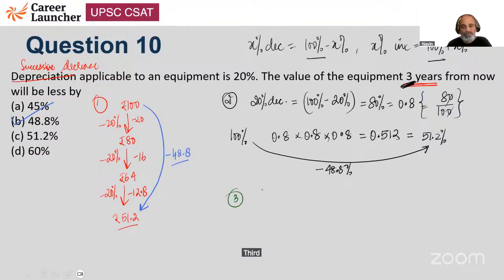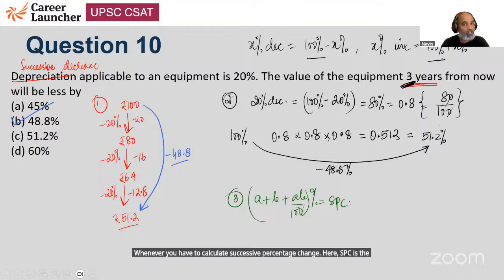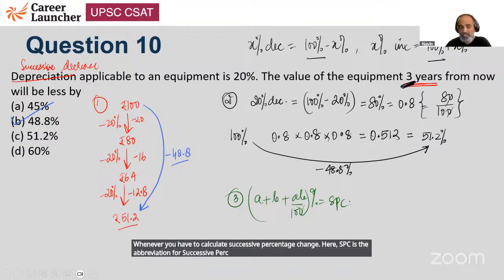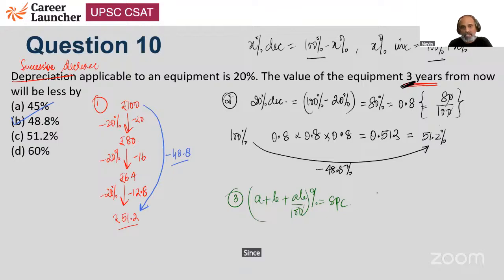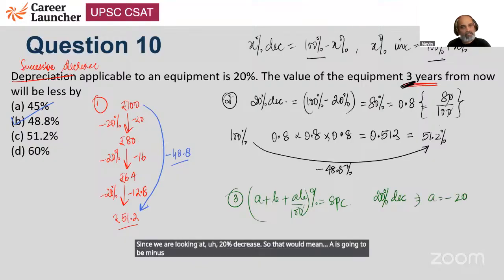Third approach. The formula is A plus B plus AB by 100 percentage, whenever you have to calculate successive percentage change. Here, SPC is the abbreviation for successive percentage change. Since we are looking at a 20% decrease, A is going to be minus 20.